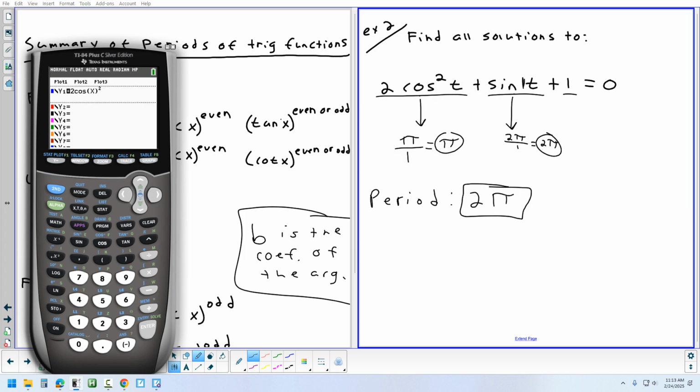If you have the whole thing in parentheses, that would not be what we want. We don't want to square the 2 in the front. We just want to square the cosine. Now, plus sine t, that part's pretty easy. Plus 1. So we are looking for where this graph crosses the x-axis. That's what it means to equal 0.